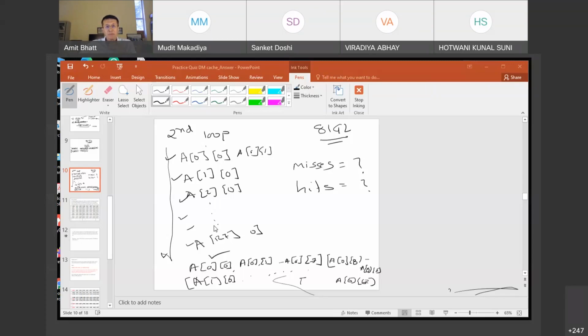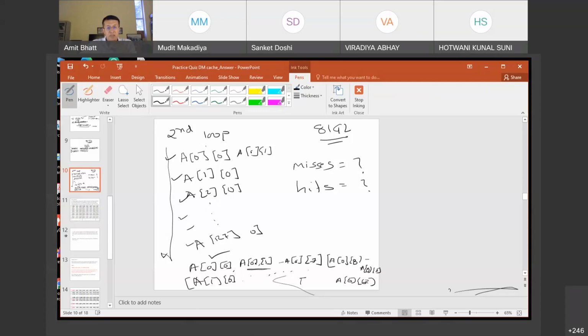So the first column would be a miss. But for the second column, the elements which I need were there in the beginning. A01 was already there because I brought in this block. But somehow it seems to me that this block would be overwritten before A01 can be used.